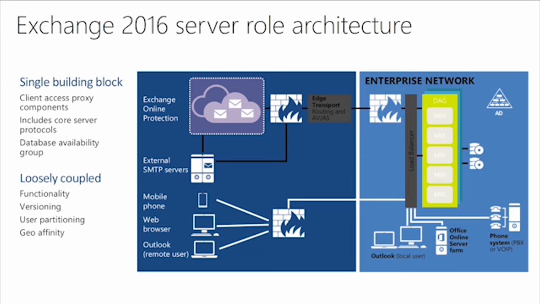Everything is loosely coupled: the functionality, the versioning, user partitioning, and user affinity. All of those things ensure that a mailbox server can be replaced with a server that's upgraded to a newer version, and they work perfectly together. You load balance that same pool, and Exchange will get a client request and make sure that it gets to the right mailbox where the mailboxes are running.